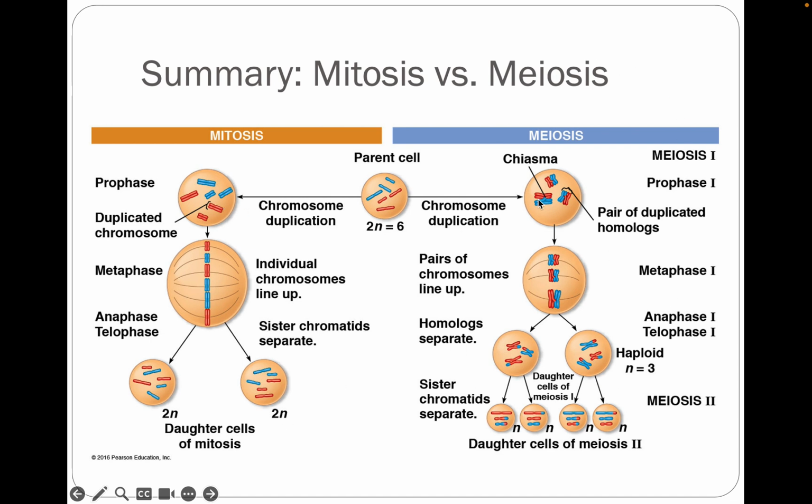Meiosis, we have genetic variation that's produced by crossing over. And there's also random assortment of which homologs go where. We don't have all blues and reds moving together, right? We have combinations. Good, and the end result is 4 haploid cells.